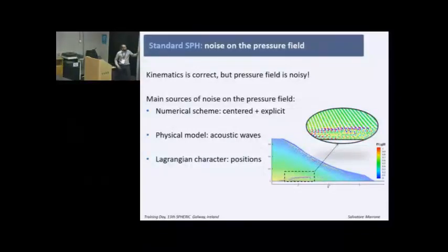So we have these three sources of numerical noise in the pressure field. And all these three aspects are strictly related, in the sense that whenever we produce, for example, errors here, you can see that these are dispersed everywhere, and it's the same for the others. They are interacting with each other.